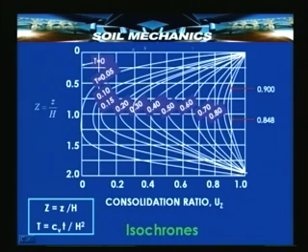Only thing is, here we have plotted the degree of consolidation as a function of a non-dimensional parameter z, which is the depth divided by the total thickness of the clay layer, that is the relative depth, and a non-dimensional parameter T, which is defined as Cv t upon h square, where I am yet to define this parameter Cv, which I shall be doing in the next lecture.